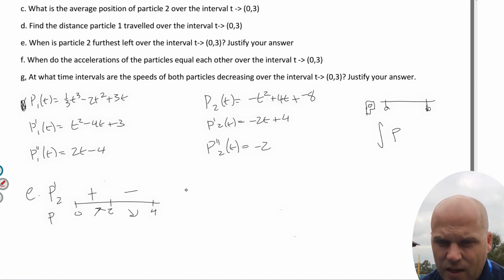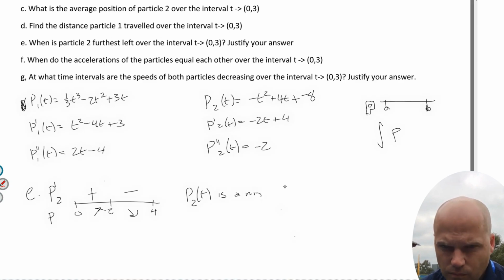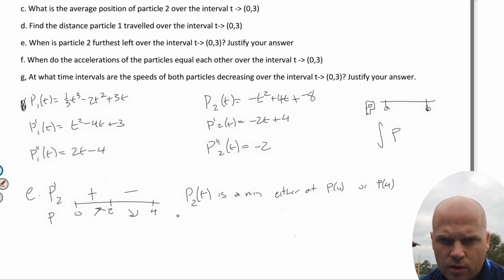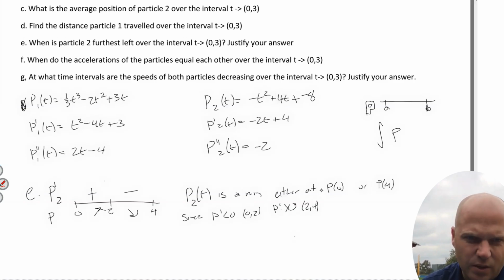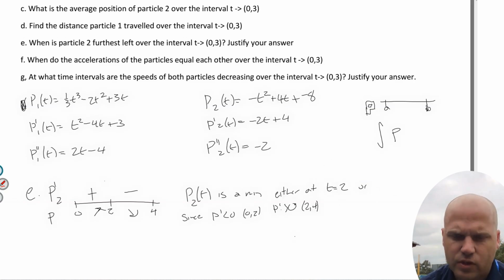I could literally say particle 2 is a min either at P of 0 or P of 4, since P prime is negative from 0 to 2, P prime is positive from 2 to 4. So I could say T equals 0, T equals 4. So it's like just referencing your derivatives.